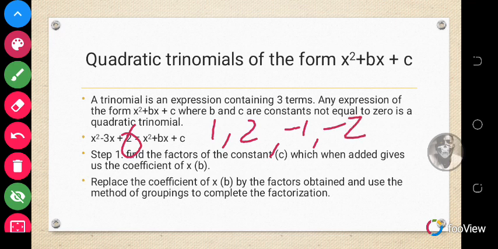Now you choose two of the factors of 2 that when you add you are going to get -3.